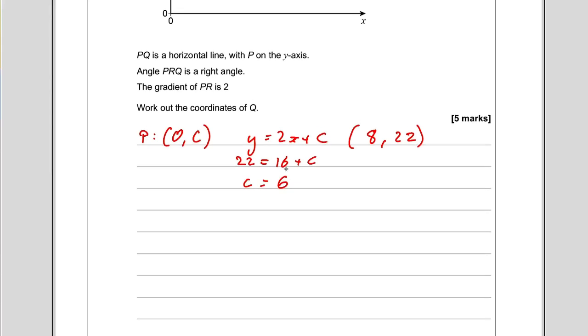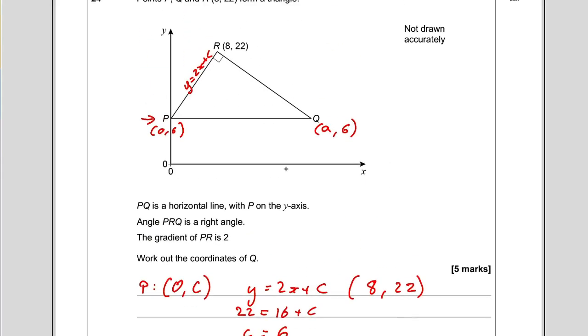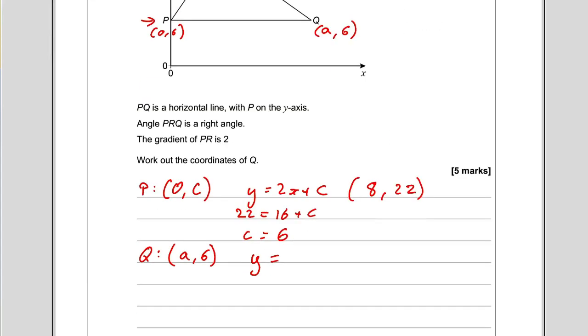So I'm starting to work out Q then. Q is going to be (a, 6). Because this is a perpendicular line, perpendicular gradients must multiply together to make -1. So that is going to be y equals minus x over 2, or minus a half x, plus c.